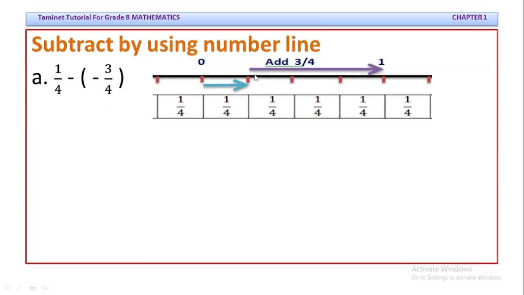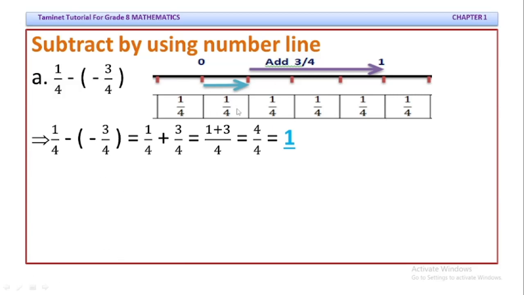Plus means our arrow indicates to the right side, adding another 3 over 4 on 1 over 4. So 1, 2, 3. The denominators are the same. 1, 2, 3. 3 over 4 is here. So when you add 1 over 4 with 3 over 4, the result must be what? 1.